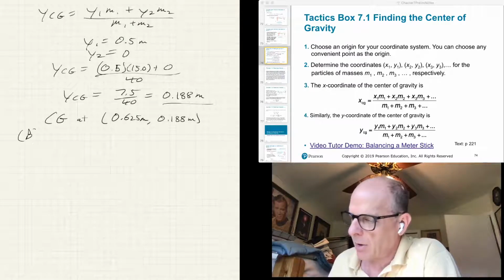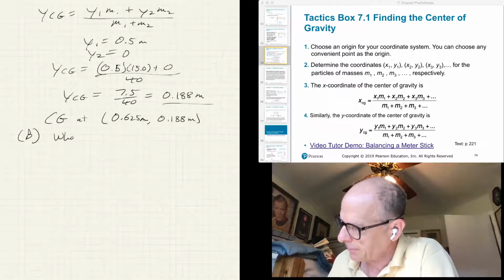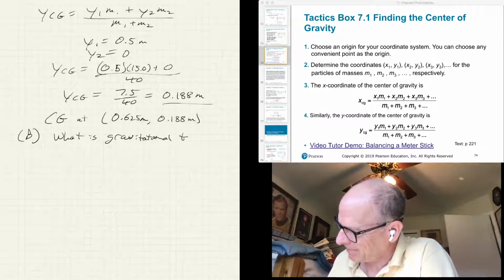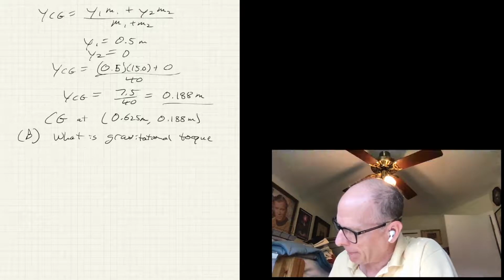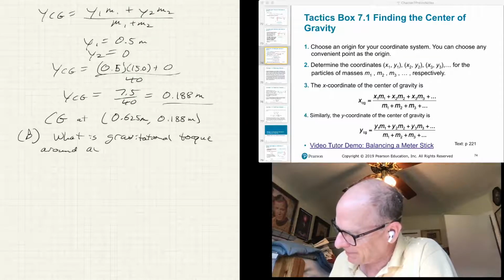Now, part B of this problem says, what's the gravitational torque around axis at the lower left corner?